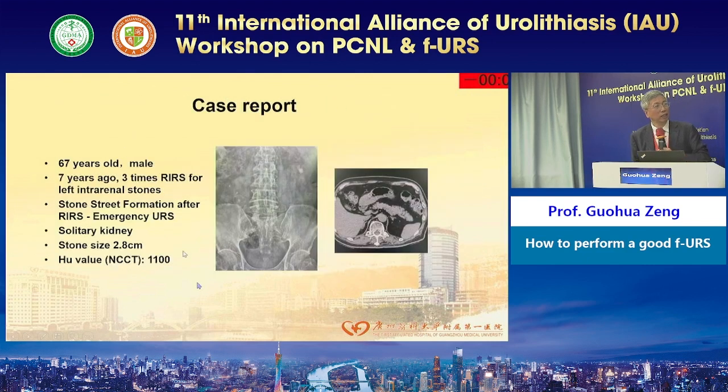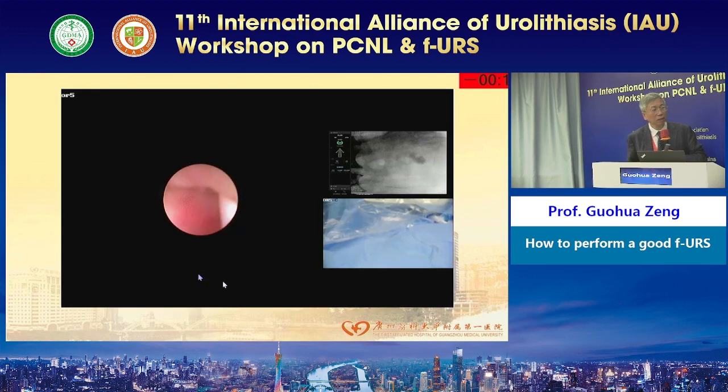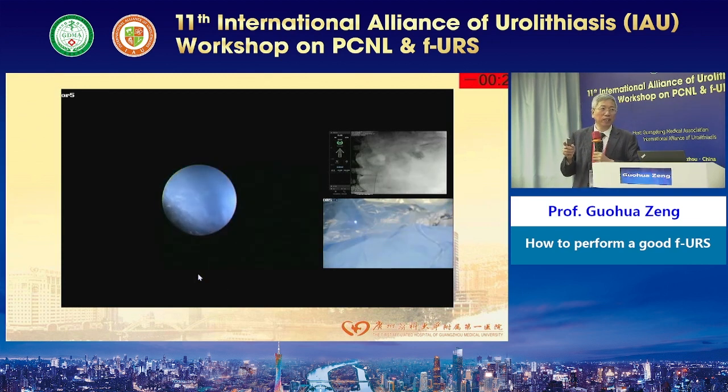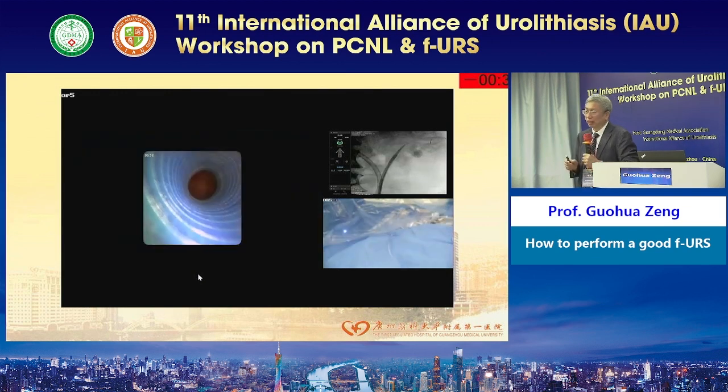I show this case. This case is a male, 67 years old, with a solitary kidney. With this suction sheath. The suction sheath is 12 and 14 French, and I use Pusen 7.5, a very small single-use flexible.